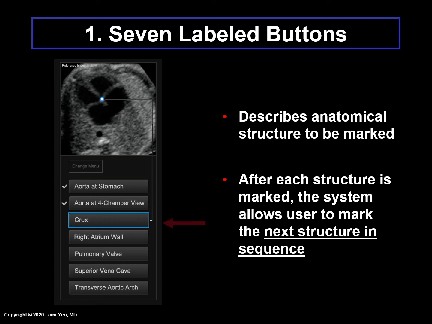In this image, please notice the unchecked button labeled crux. This means that the crux is the next structure to be marked. 2 anatomical structures, the most recent being the aorta at the level of the 4-chamber view, have already been marked, as indicated by the 2 check marks next to the labeled buttons.